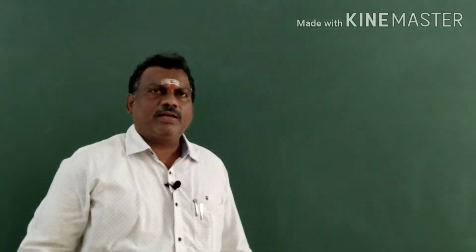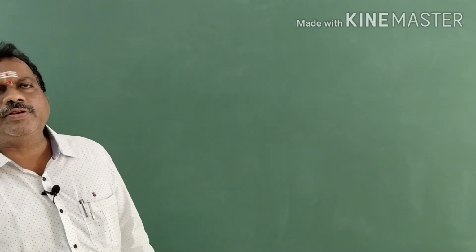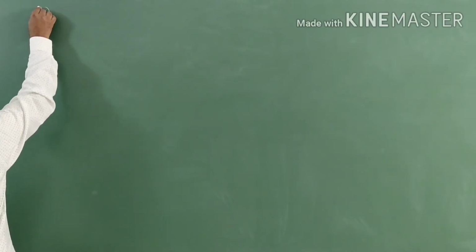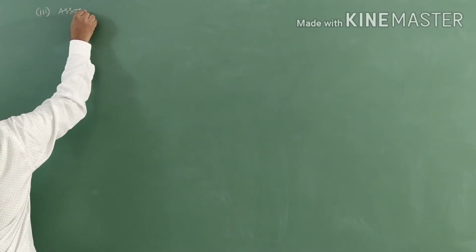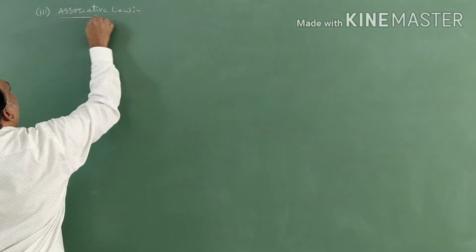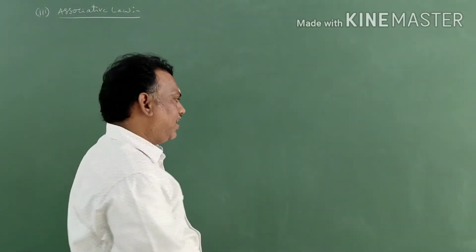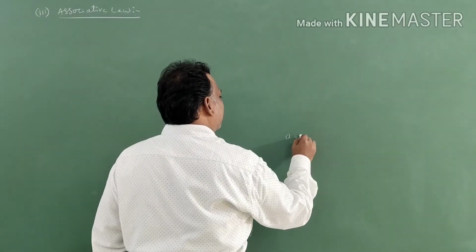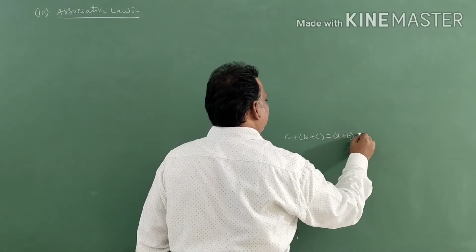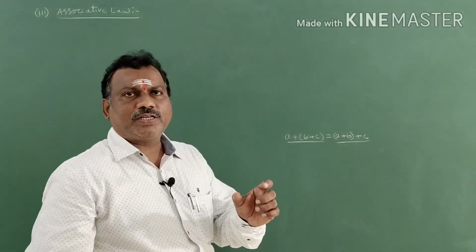We completed the commutative law. Now we will go through the associative law. You are familiar with the associative law. What is meant by the associative law? In algebra, particularly we will take real numbers. Let A, B, C be any three real numbers. They have to satisfy A plus (B plus C) is equal to (A plus B) plus C. We take the same numbers A, B, C only, but their bracket positions are different.